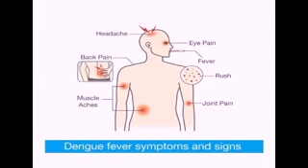Now, symptoms of dengue fever. You know, children, how the dengue fever symptoms will be? Yes, first you'll be having severe headache, and next are rashes on the arms and the legs. Next, extreme tiredness. The tiredness you'll feel is very high. You cannot move your muscles. That much tiredness will be there.